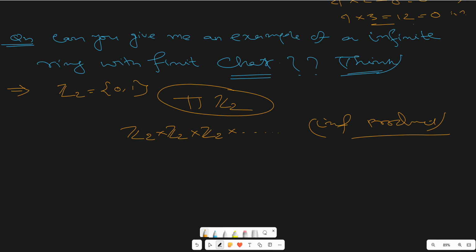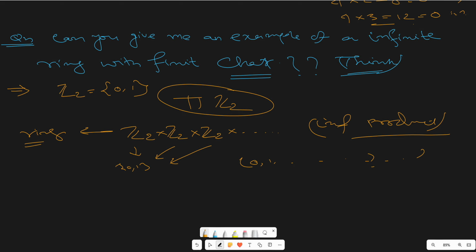So what will be the characteristic for that? This is a ring, right? It is infinite. What are the elements of this? Each position has two choices, either 0 or 1, so an element is some infinite sequence of 0s and 1s.